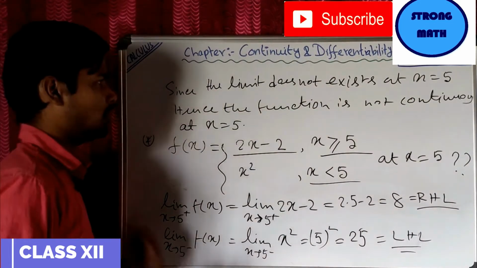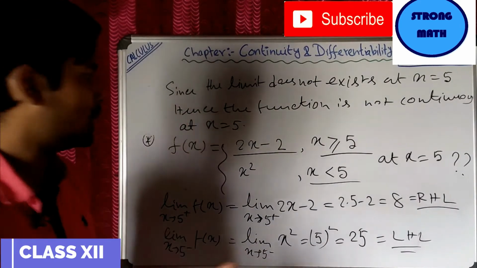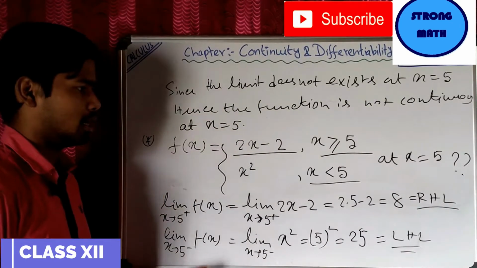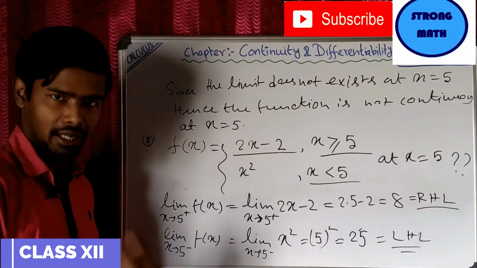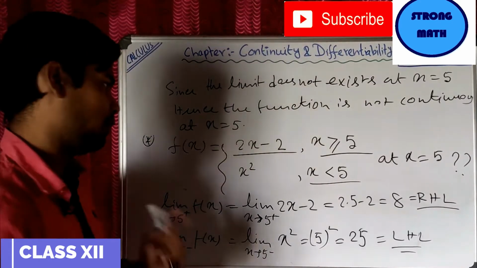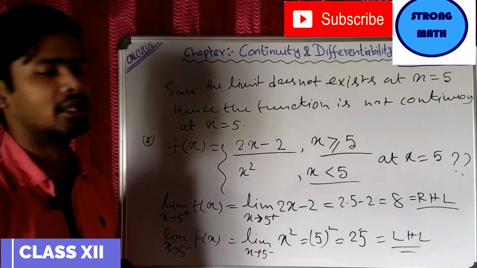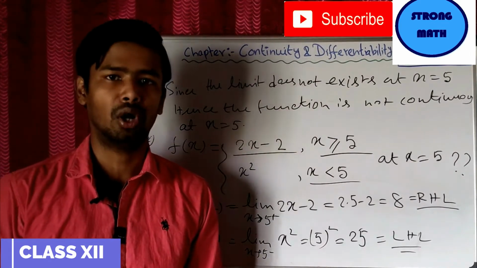Actually, if a function is continuous, then it must have a proper limit. That is, the limit must exist at that point. After that we can calculate whether it is equal to the function value or not.